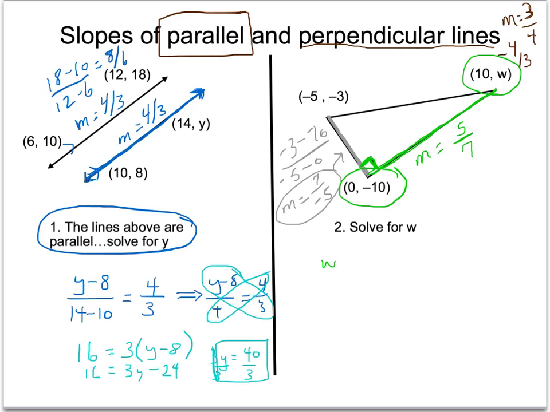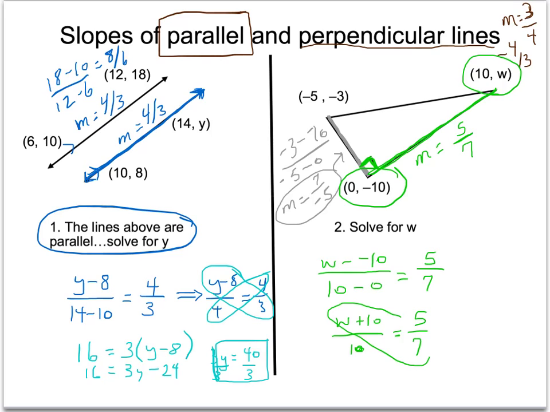Simply going to say w minus -10 divided by 10 minus 0 equals our slope of 5/7. So we get w plus 10 over 10 equals 5/7, and you are going to simply cross multiply and solve, and remember you are going to distribute the 7 to both the w and the positive 10. So go ahead on your piece of loose leaf, finish out that problem, and tell me what does w equal.